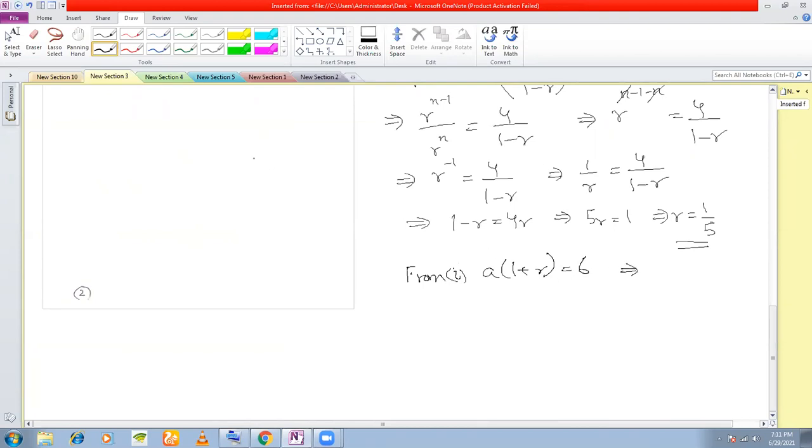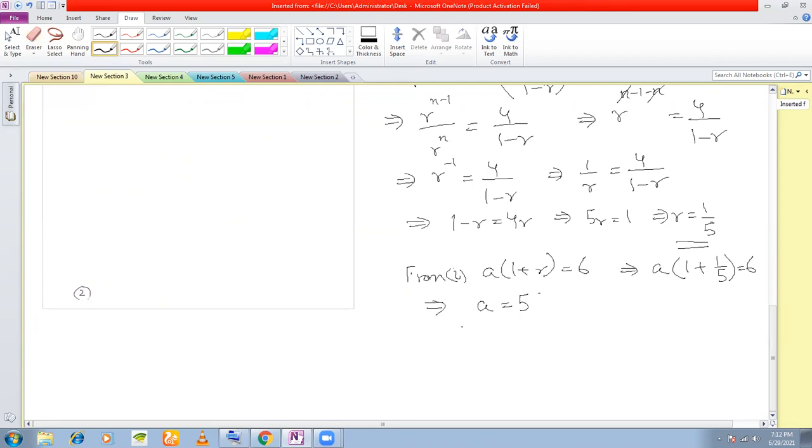So that means a into 1 plus r is equal to 6. From here, if you solve, you get a is equal to 5. You will get a is equal to 5 here.